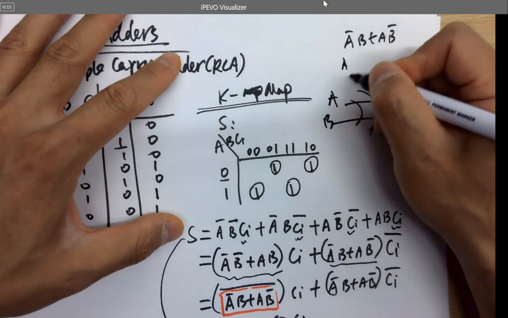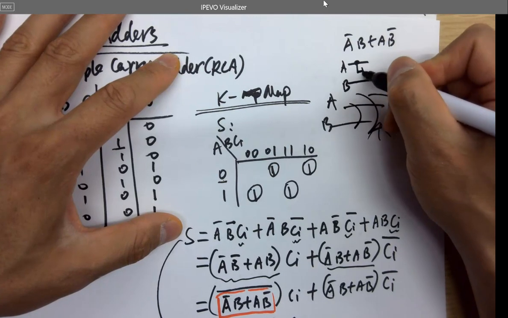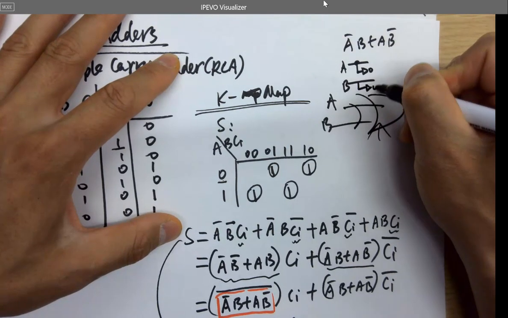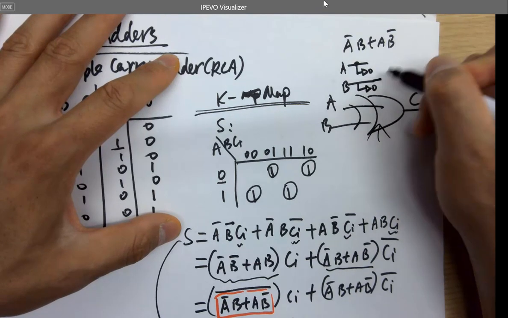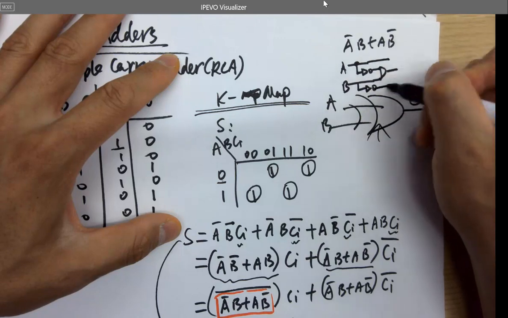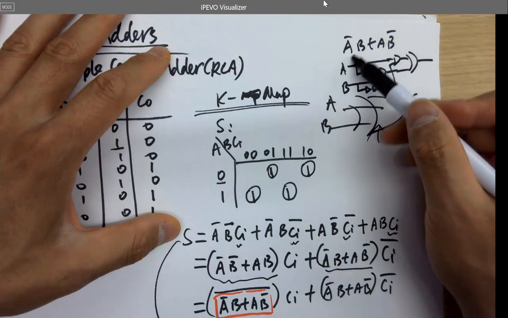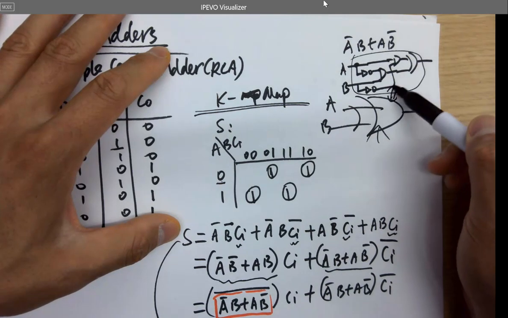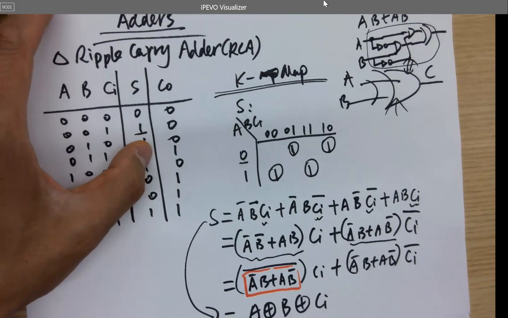You have A, B, the two signals, and this is A not, this is B not. So it must be A not and B, or A and B not, and then OR. It just looks simpler, but actually it's not on the physical chip.